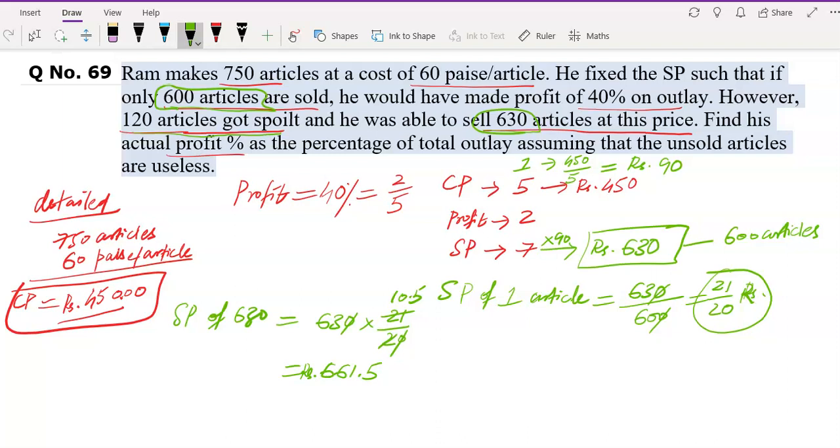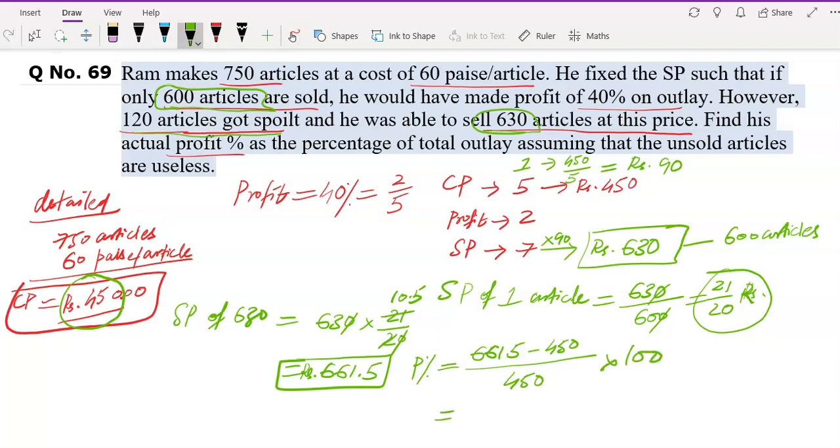Now we need to find his actual profit percent. Now SP is 661.5 and CP is rupees 450. So there is a profit, and our profit percent will be how much? Our profit percent will be SP 661.5 minus CP 450, divided by CP, into 100.